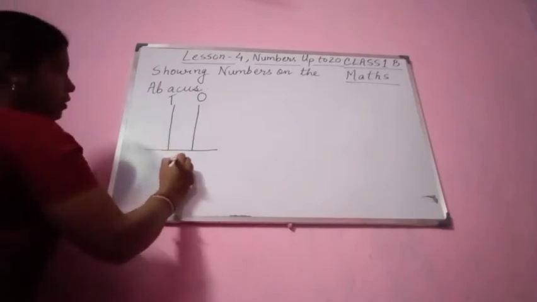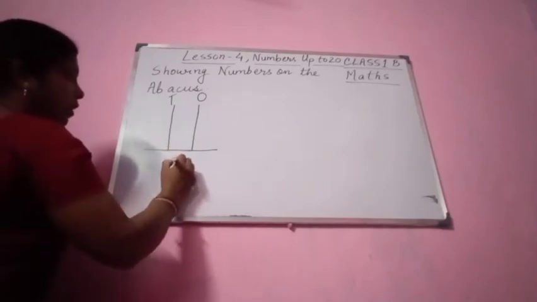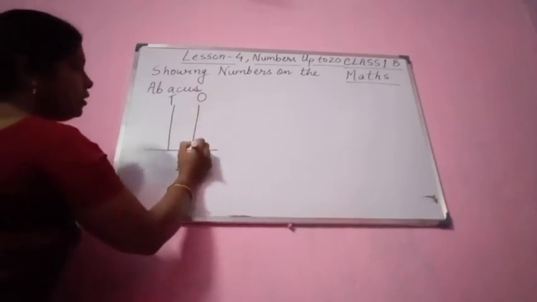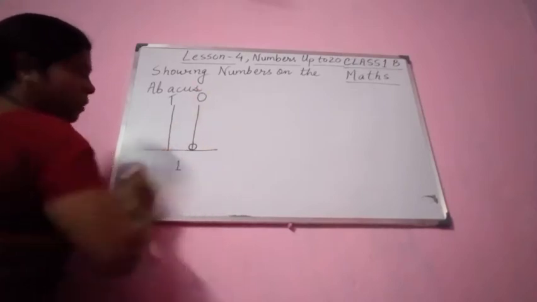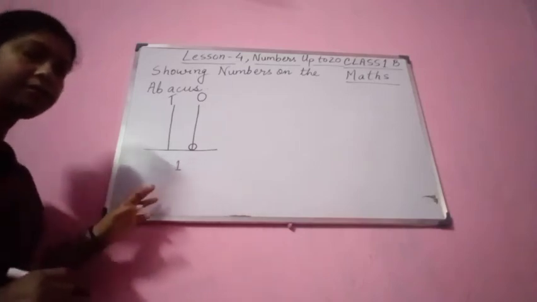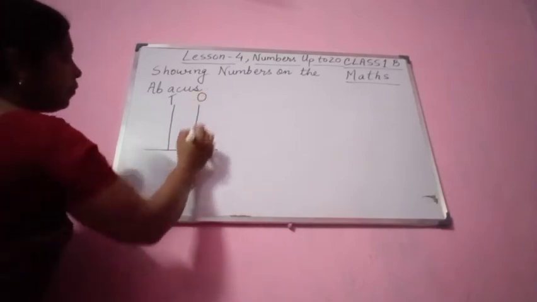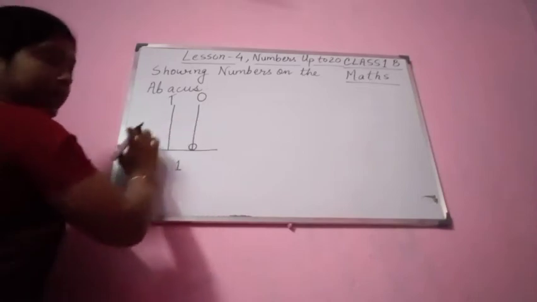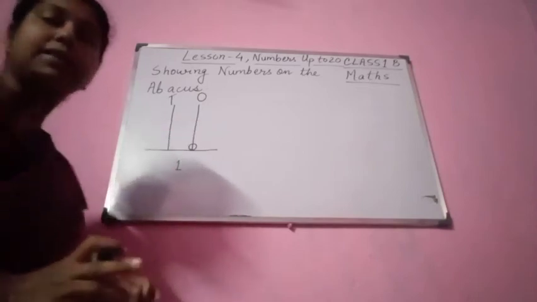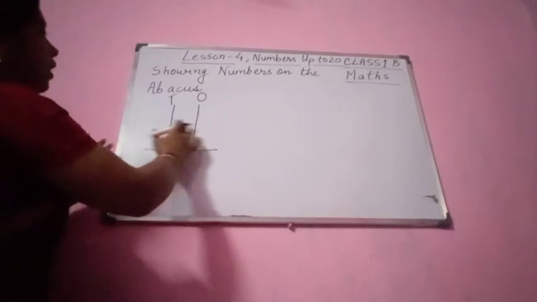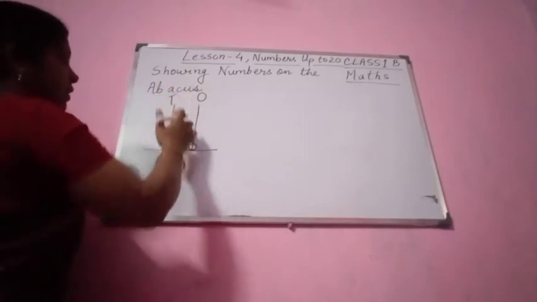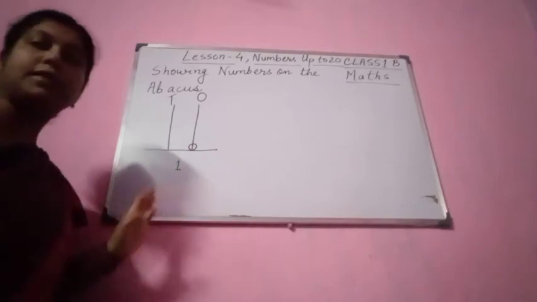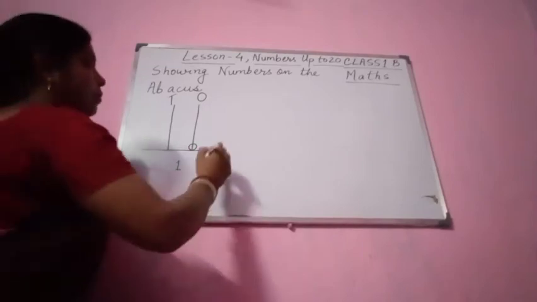Suppose I have to show 1 on the abacus. In the ones place only, I am going to draw one bead. These two are the spikes, this is ones, this is tens. I am representing 1 with only one bead.